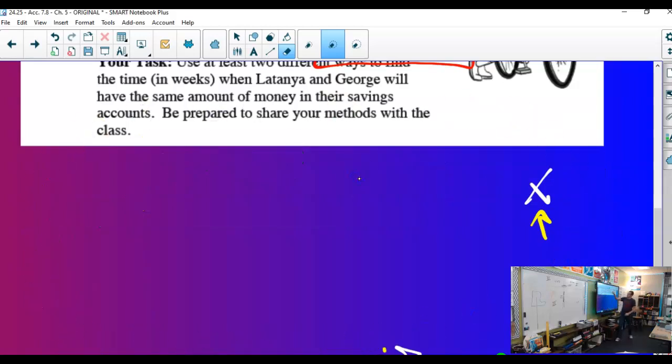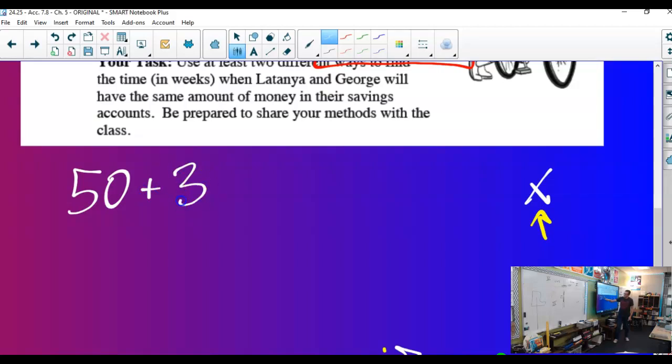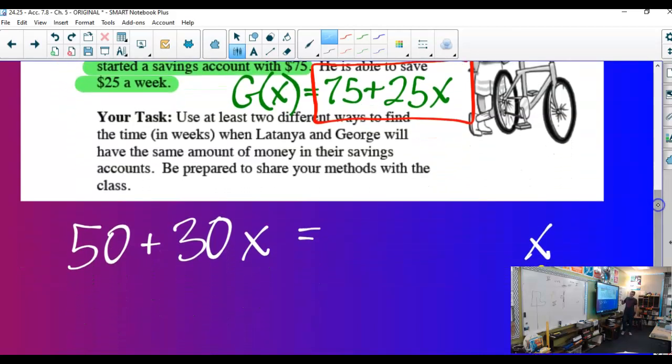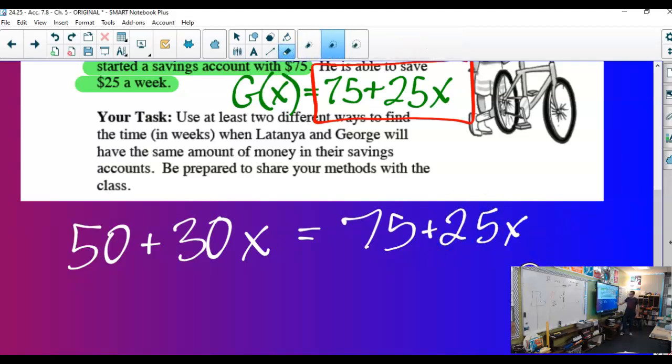So wait, you mean we're trying to figure out 50 plus 30x. I don't like red. 50 plus 30x, when that is equal to 75 plus 25x? You mean that's what we're trying to do? Don't we know how to do this? Yeah, I think so. Which side has the bigger x? 30.